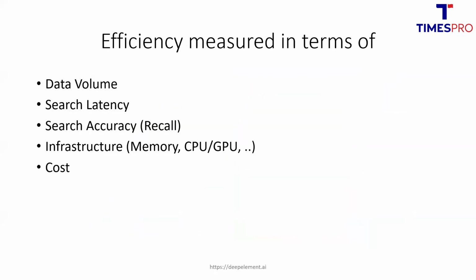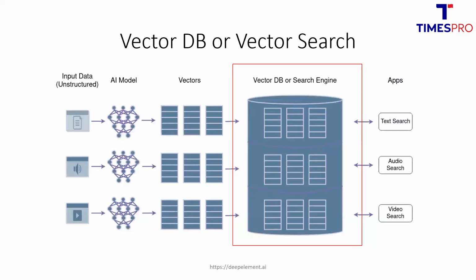Remember the main goal of this vector database: when an API call comes to the vector database, it is given a query vector. And the vector database has to do a similarity search and find vectors in the database which are very similar to the query vector. When we say very similar, we are talking in terms of similarity metrics.